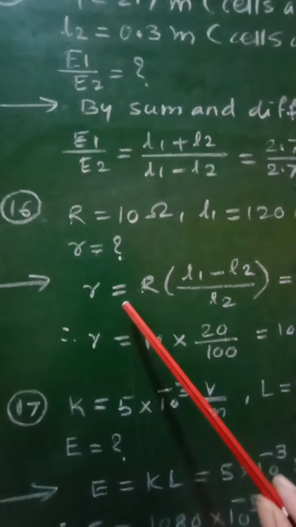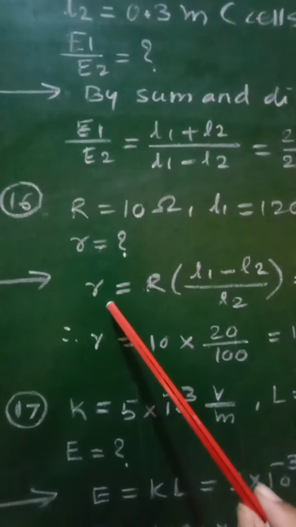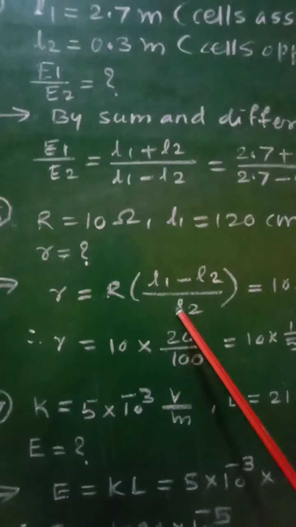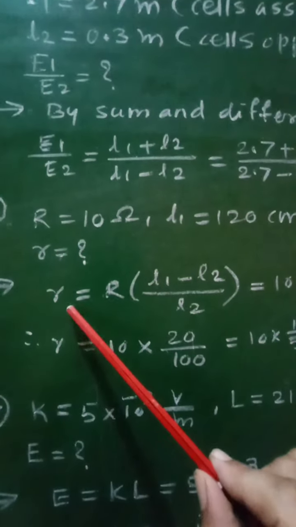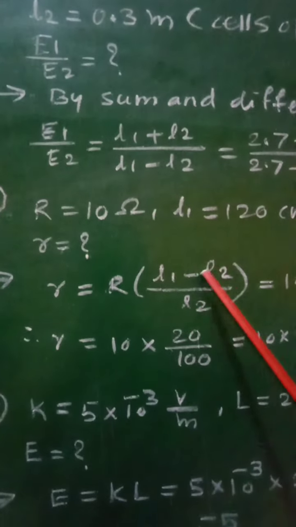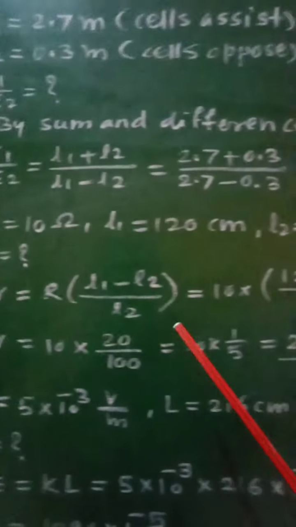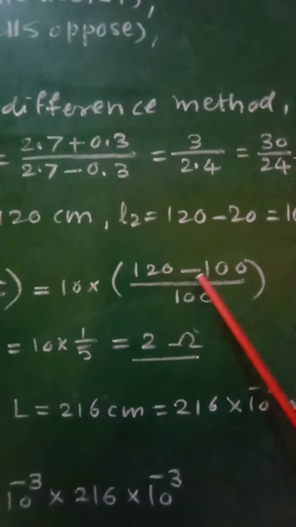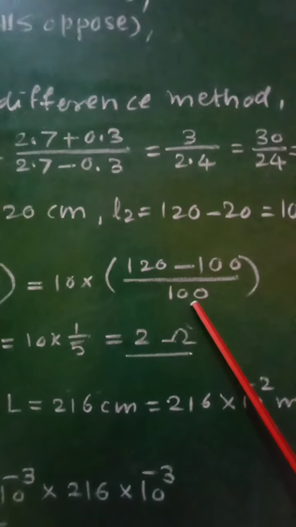We know the relation for internal resistance: small r is equal to capital R into L1 minus L2 upon L2. Putting the values, we will get 10 into 120 minus 100 upon 100.